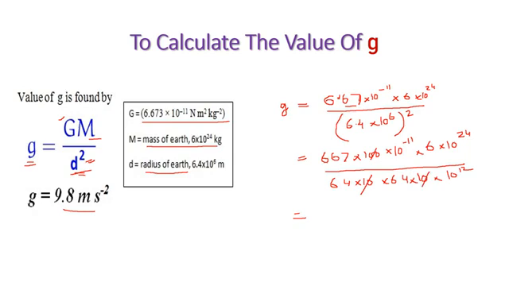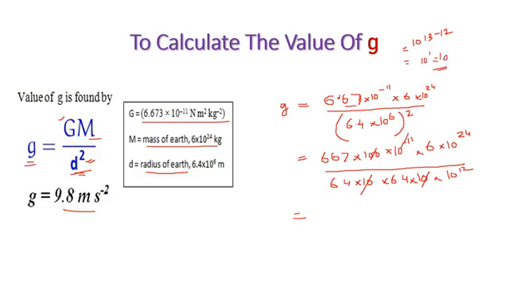Let's solve the powers separately. What is minus 11 and plus 24? It is 13, right? And this 12, when it goes up, becomes minus 12. So you will get 10 to the power 1, which is nothing but 10, so I will just write 10 over here.